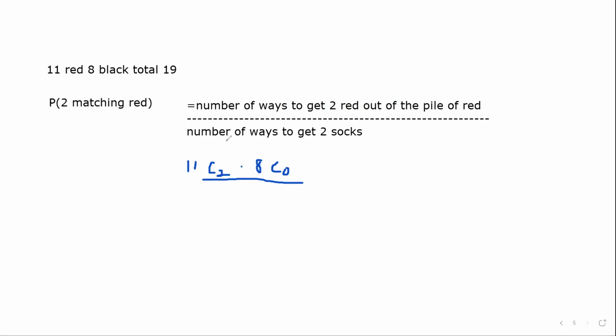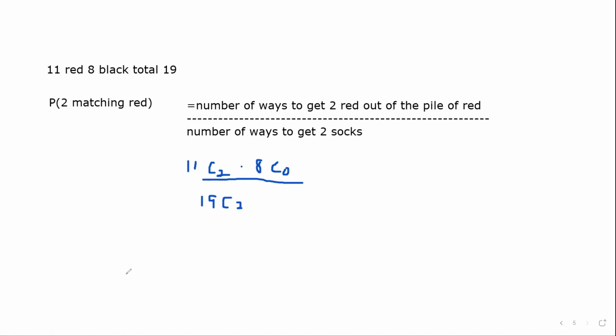The number of ways to get 2 socks, well, there's a total of 19. So the bottom is 19 choose 2. So 11 choose 2 times 8 choose 0 over 19 choose 2.